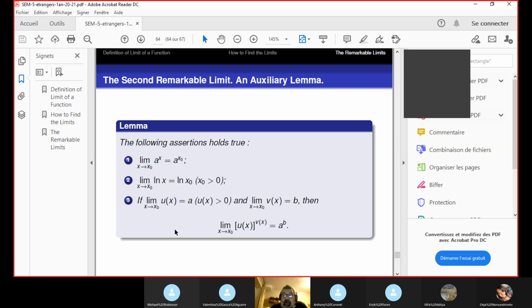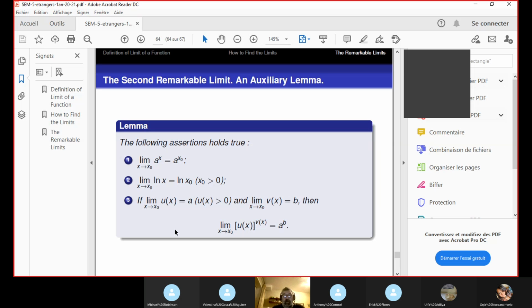Maybe it was better to formulate this lemma before our exercises, but I've explained our problems, and here you can read once more some properties of the function a to the power x, log of x, which will be necessary for our next exercises.